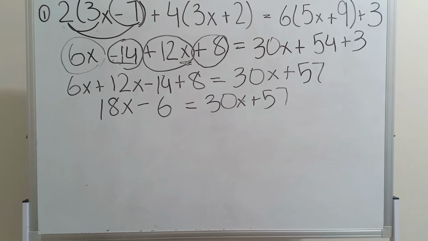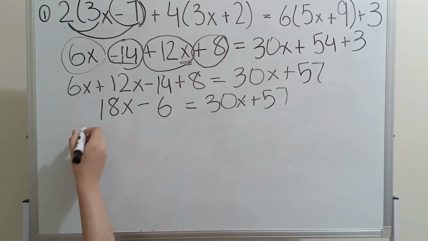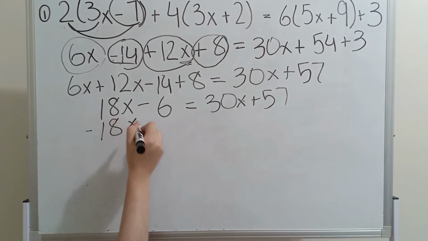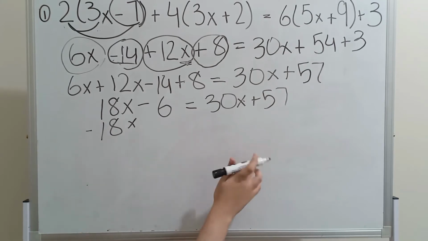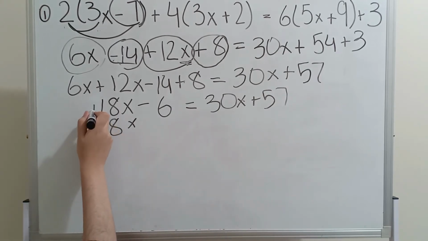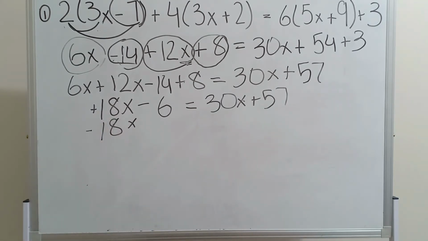So now we will simplify this and add and subtract more. What we are going to do now is subtract 18x because we are going to use x's only on one side and the numbers on the other side. Subtract, and whatever we do here, we're going to do the same. Why are we subtracting here? Because 18 is a positive number, so we're going to do the opposite thing to get a 0 in the end.